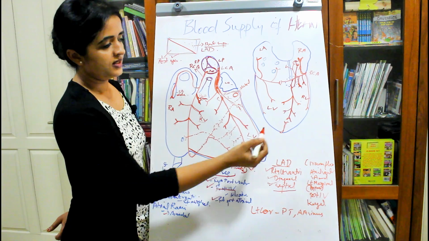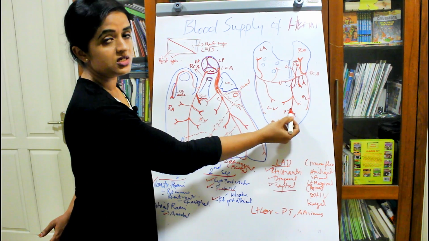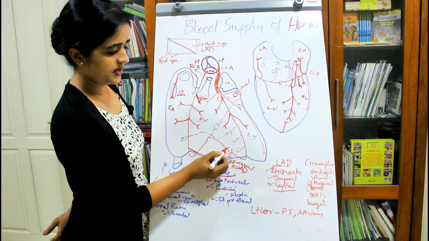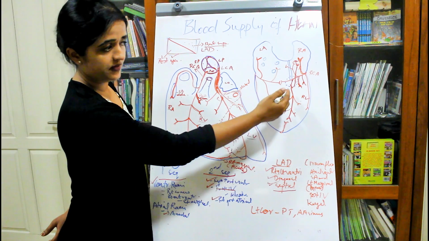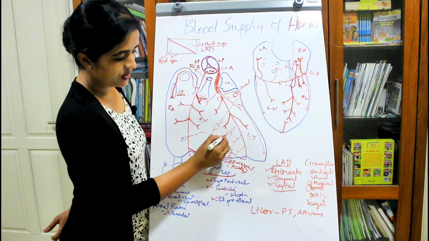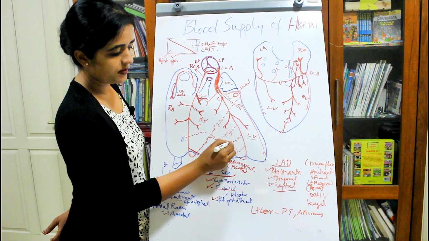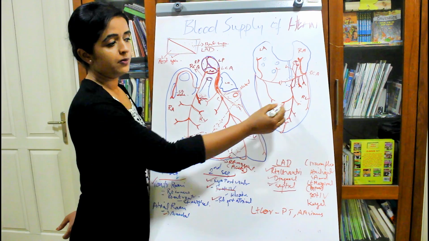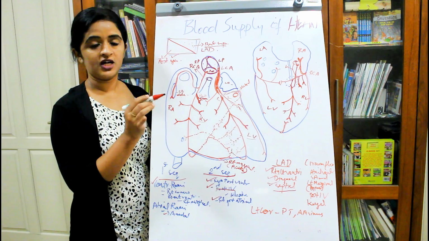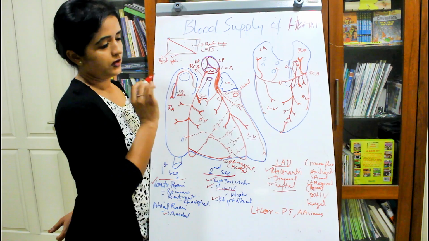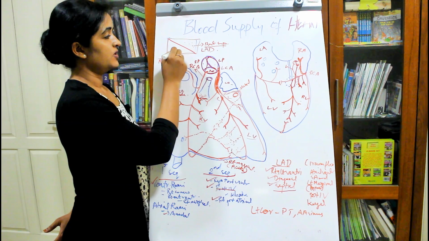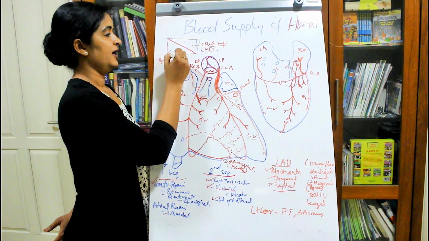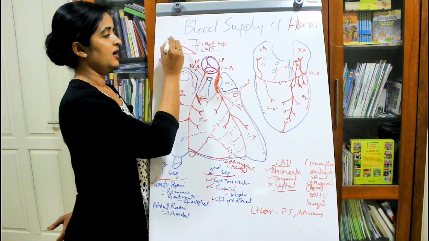That is from the posterior interventricular branch. You can see the posterior interventricular branch running along the posterior interventricular groove, and from here you can see the dotted branches. These are the septal rami arising from the posterior interventricular branch of the right coronary artery. So the postero-inferior aspect of the interventricular septum is supplied by the right coronary artery.